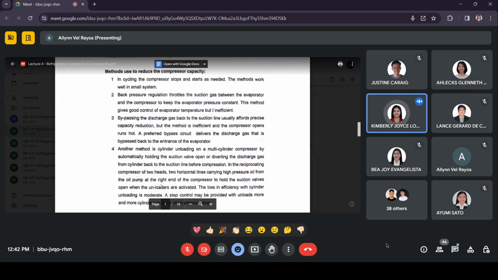A preferred bypass circuit delivers the discharge gas that is bypassed back to the entrance of the evaporator. 4. Another method is cylinder unloading on a multiple cylinder compressor by automatically holding the suction valve open or diverting the discharge gas from the cylinder back to the suction line before compression.